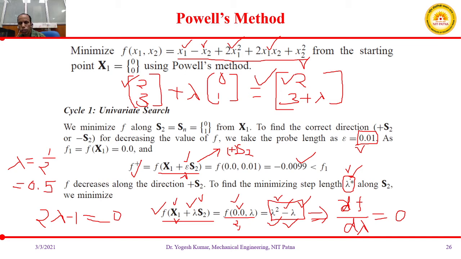So that step size is given by lambda, and it is calculated by putting this expression x1 plus lambda s2, and this value of function is now minimized, and you take the derivative of your function and equate it equal to 0.